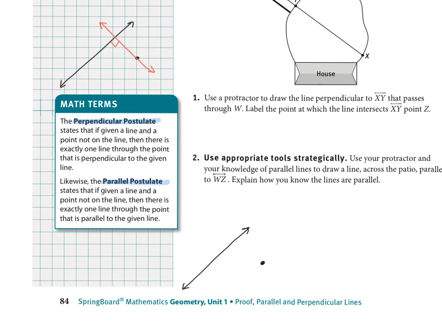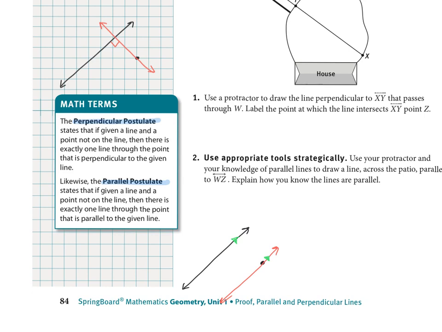It says there is exactly one line through this point that I can draw that will be parallel to that given line. So let's go ahead and draw that. Not exactly the straightest, but that's okay. We can understand the idea of how both of these are going to be parallel lines. So that's the perpendicular postulate and the parallel postulate.